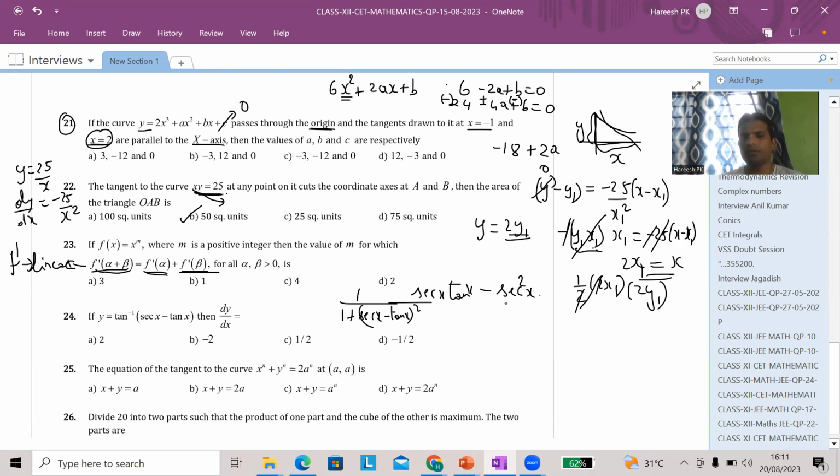So now when you try to simplify, you will end up getting, here when you expand, secant x minus tan x.